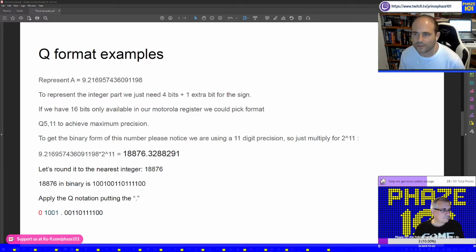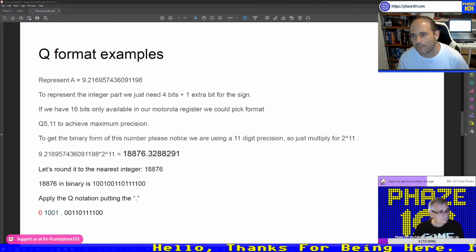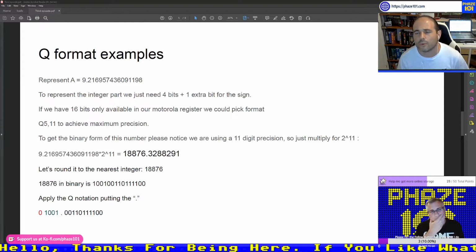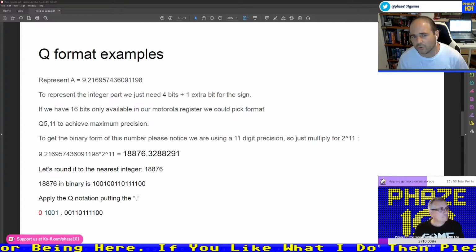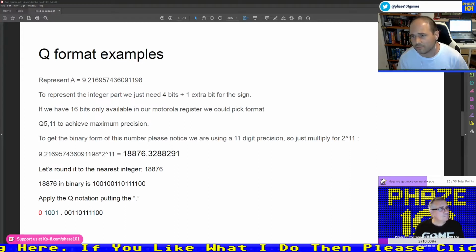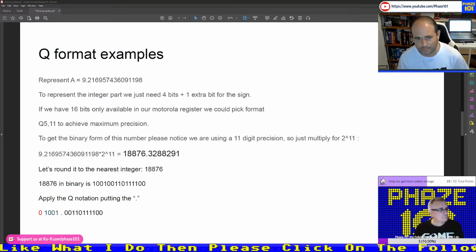So you perform the multiplication with your calculator because it's very long to do it by hand, and you end up with 18876.3288, etc. Of course, we don't have so many bits to represent the number, and we will need some sort of rounding, because in order to represent this number, we would need much more bits reserved for the decimal part.